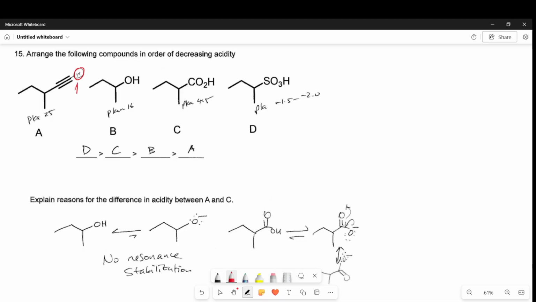There is only one hydrogen on this acetylenic compound. By the way, this is an sp hybridized carbon. This hydrogen has a pKa value of 25, and this hydrogen has a pKa value. This is alcohol.